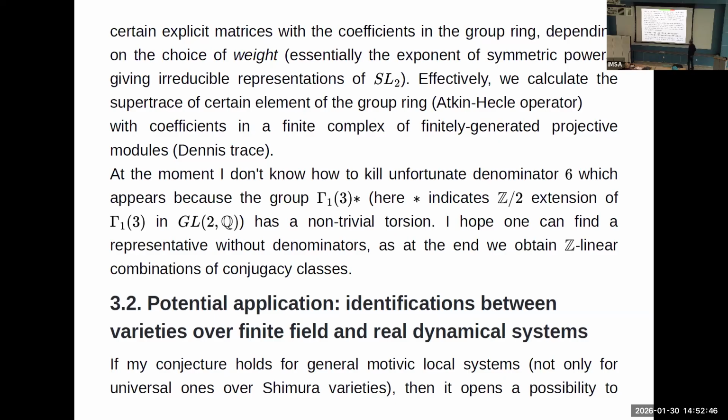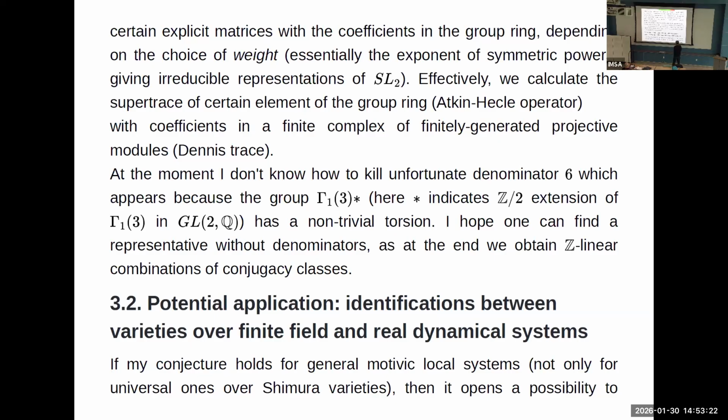And so you get these unfortunate denominators. When you calculate the traces of, sorry, the Hecke operator, you calculate some trace of some element of this group ring in a direct sense in some finite dimensional module, and for this module you make a projective resolution, and this is something called the Dennis trace. One can speak about categorical traces, but this is really elementary mathematics at the end of the day.